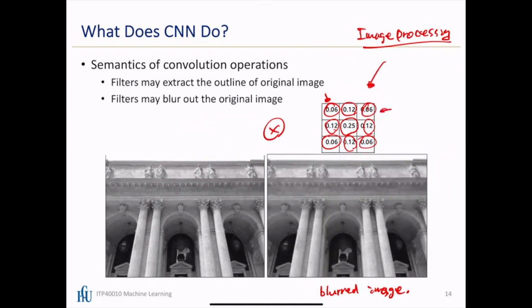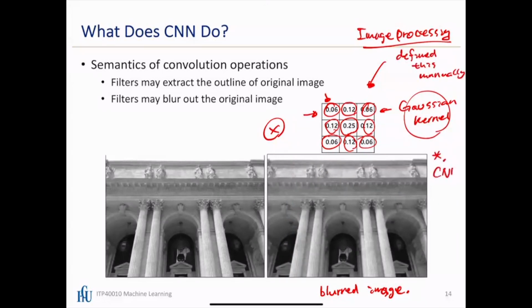This specific type of kernel has a name: it is a Gaussian kernel, and it is known that a Gaussian kernel blurs the image. What CNN changed is that we don't want to define the content of the kernel manually. Instead, we want to learn it from the data.